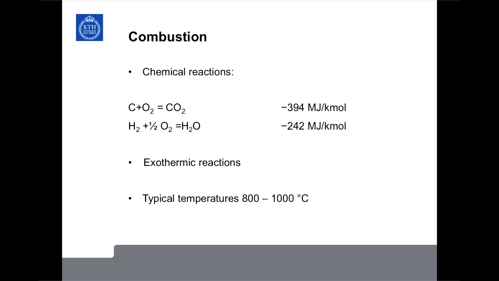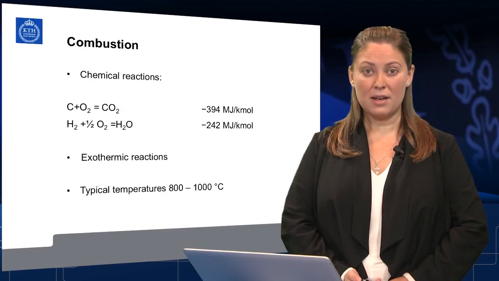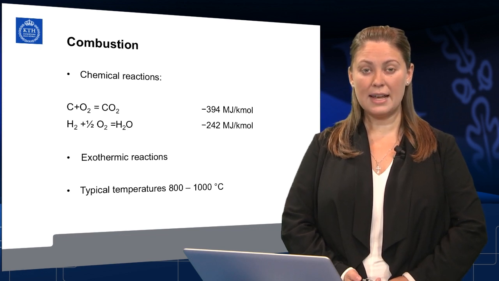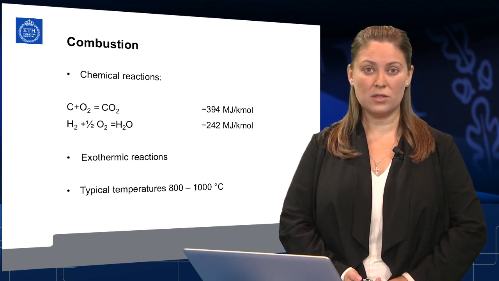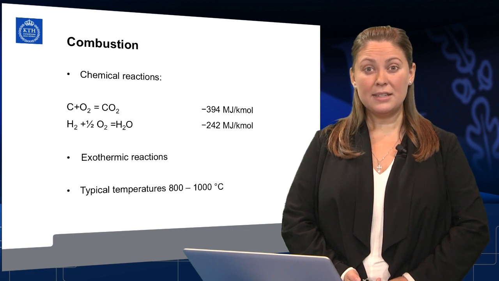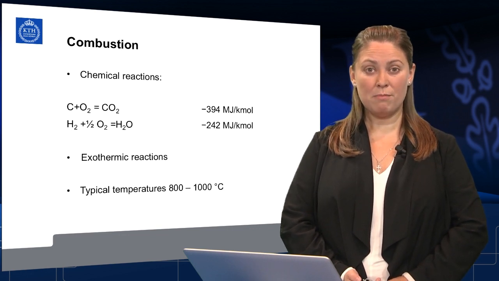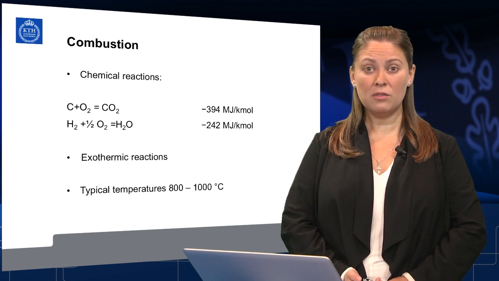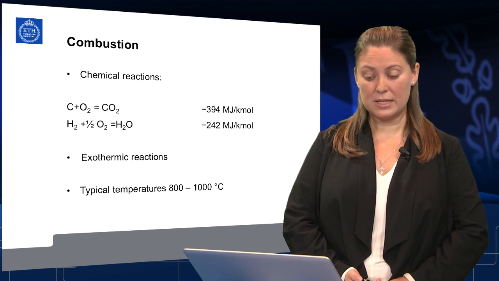These reactions are exothermic, meaning that heat during combustion is released. Combustion of biomass produces hot gases at temperatures around 800 to 1000 degrees. It is possible to burn any type of biomass, but in practice, combustion is feasible only for biomass with moisture content less than 50%.